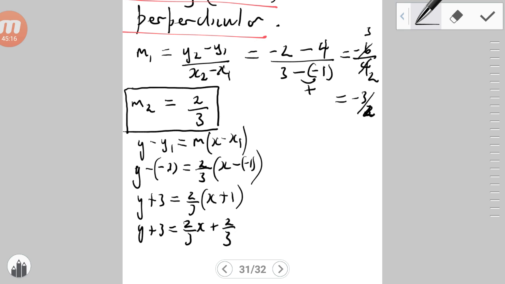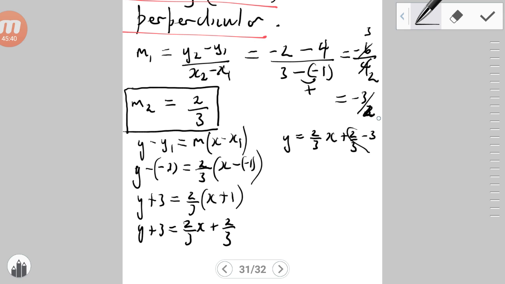again over 3. Alright, and so naturally now we're just going to transpose this 3 over here, so we end up with y is equal to 2/3 x plus 2/3, and we're going to transpose this over here, we're going to end up with minus 3. Alright, I'm going to simplify this little fraction here. We're going to be using the butterfly wings.